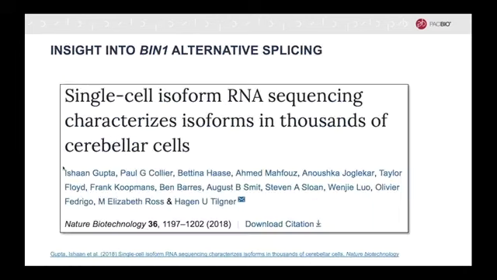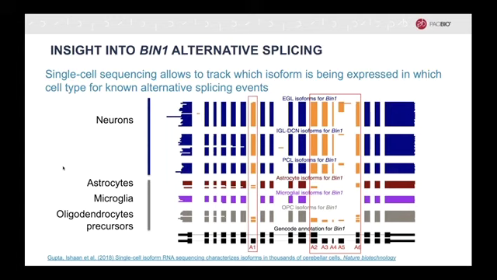So while we are working on finishing the experiments, I also wanted to draw your attention to one of the publications that used the same method to look at single cell data. And here they actually did highlight one of the Alzheimer's candidate genes, BIN1, showing again the same thing, that using single cell data, it's very powerful to pinpoint what cells are expressing what isoform.